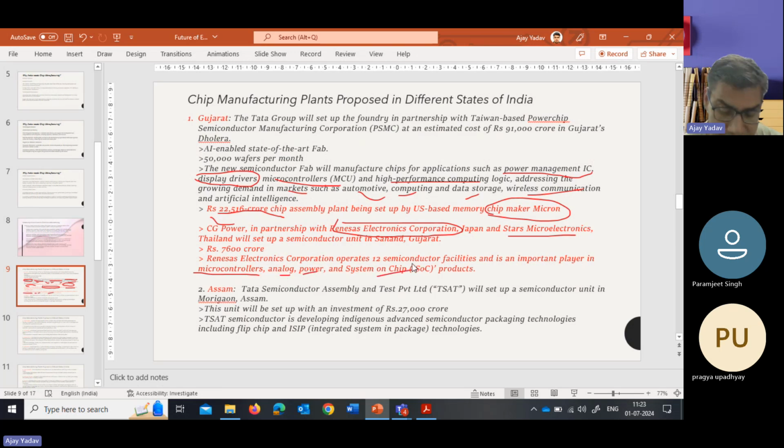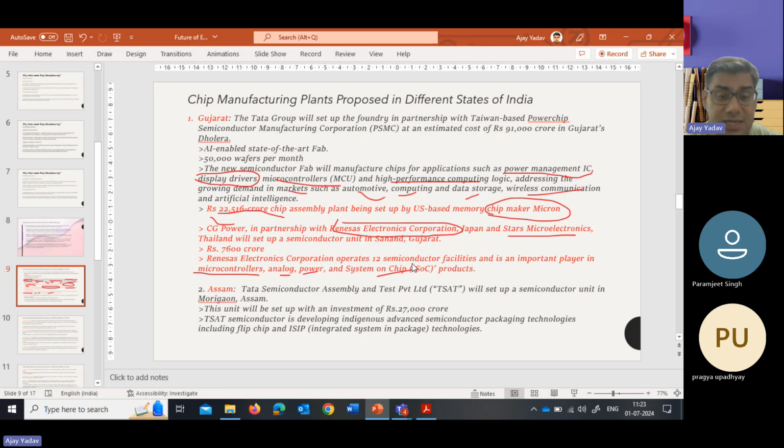So it is very important for your products like your washing machines, communication equipment, and your automobile industry chips. So all these things will be manufactured within India.